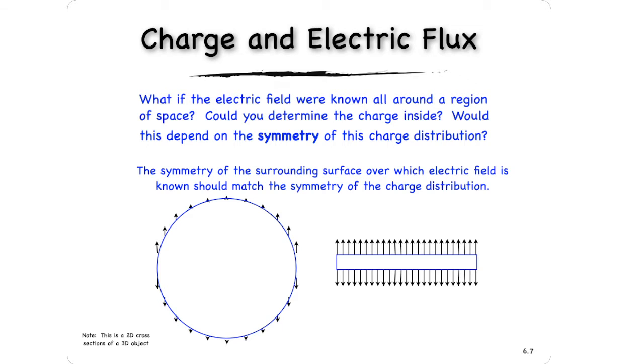Now, knowing what the field is around a surface can be extremely helpful in inferring what the charge distribution inside that surface is, but only when the geometry of that surface is appropriate. So for example, if we have some circle here, I'm going to work in 2 dimensions at the moment. If we have a circle here with field lines leaving the circle all the way around, what do we know about the charge inside?